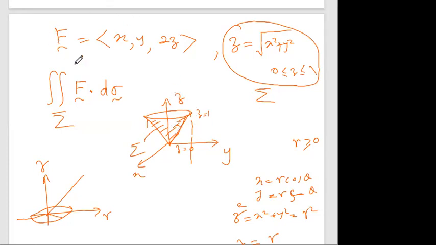Anyway, we have to count how much this vector field is spreading out throughout this surface. So this is our surface, not the top one, this curvy one. Let's compute. Got it? So far, so good.